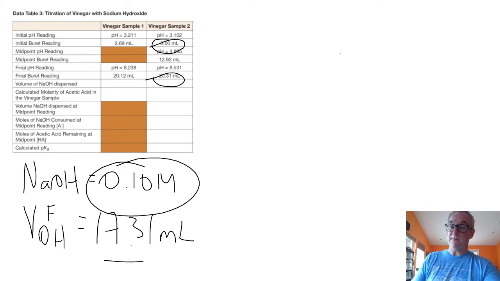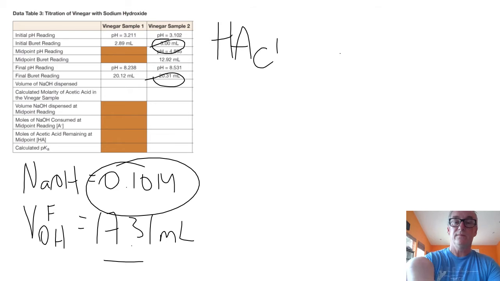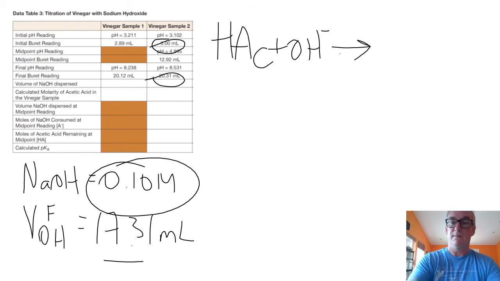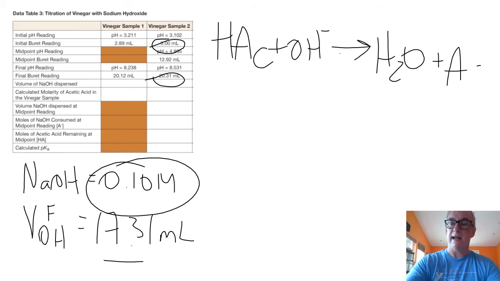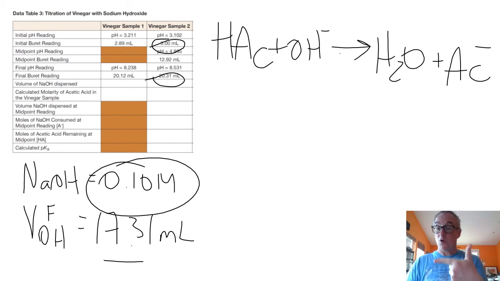So let's figure out how many moles of acetate were produced halfway through. How do we figure that out? Well, the reaction is acetic acid plus hydroxide ion makes water and acetate ion. That's the forward reaction. And since we have a strong base, it goes forward.